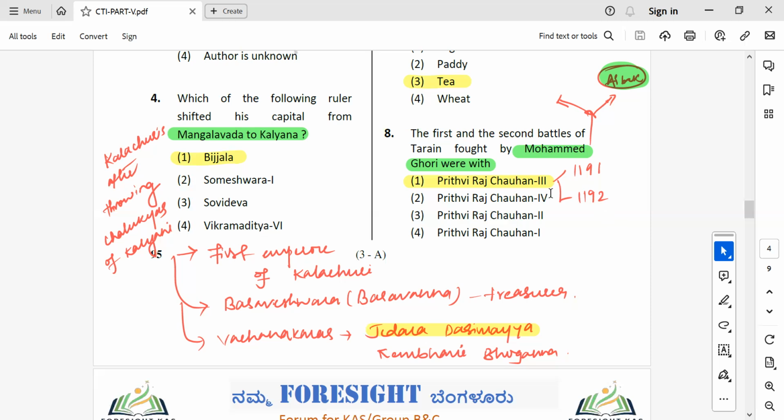So Prithviraj III fought with Ghori. Remember, after Ghori got murdered, his close slave called Aibak, who was appointed in India, started ruling. That chronology we have discussed already.